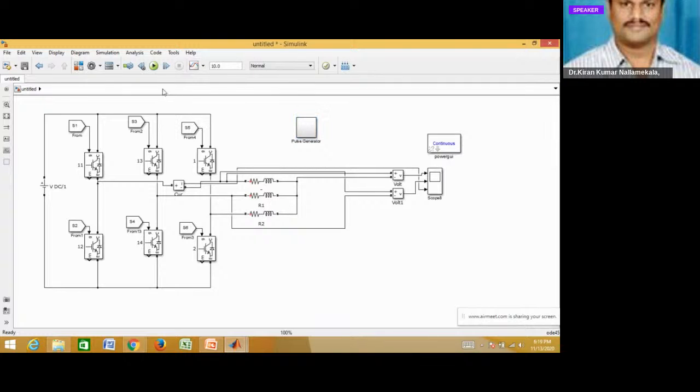Now everything is over, you have to simulate this. Instead of 10 seconds you can select 0.1 second also.